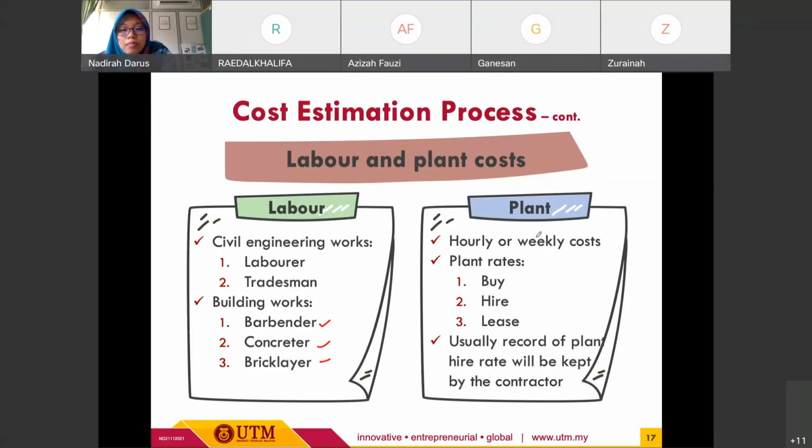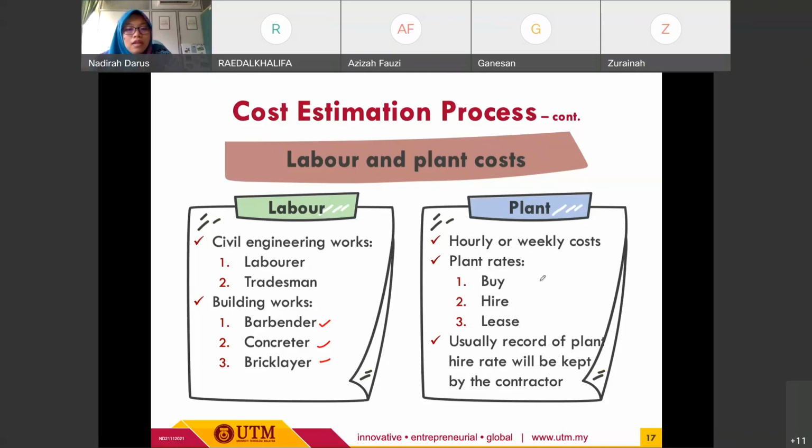And then plant rates usually can be divided into three categories, since we have several options: to buy, to hire, or to lease the plant. So the rates depend on the method of how we acquire the plant and machineries.